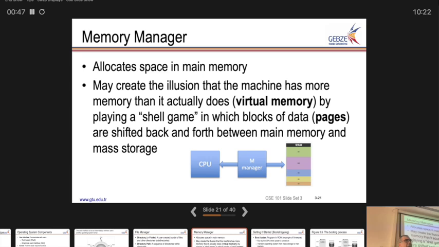Our computers have large amounts of memory, like 8 gigabytes, 16 gigabytes. This one has 16 gigabytes of memory and 500 gigabytes of disk drive.